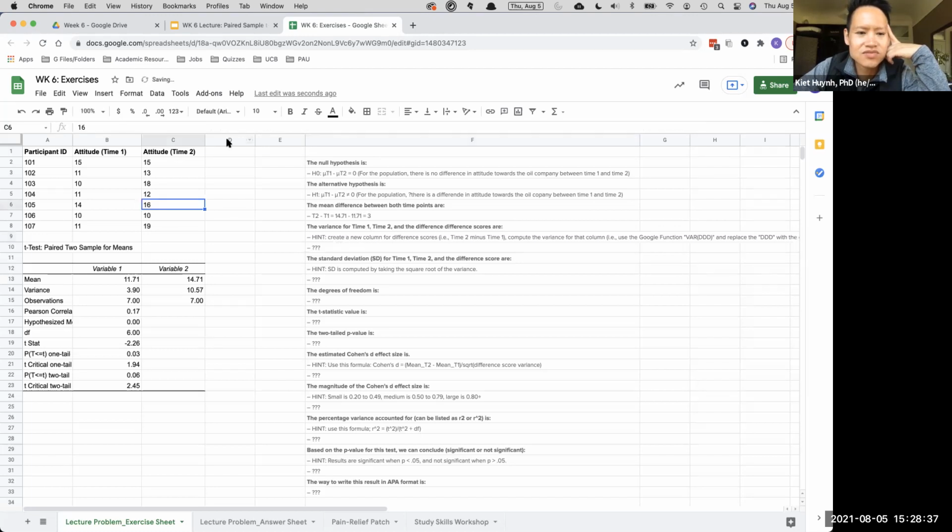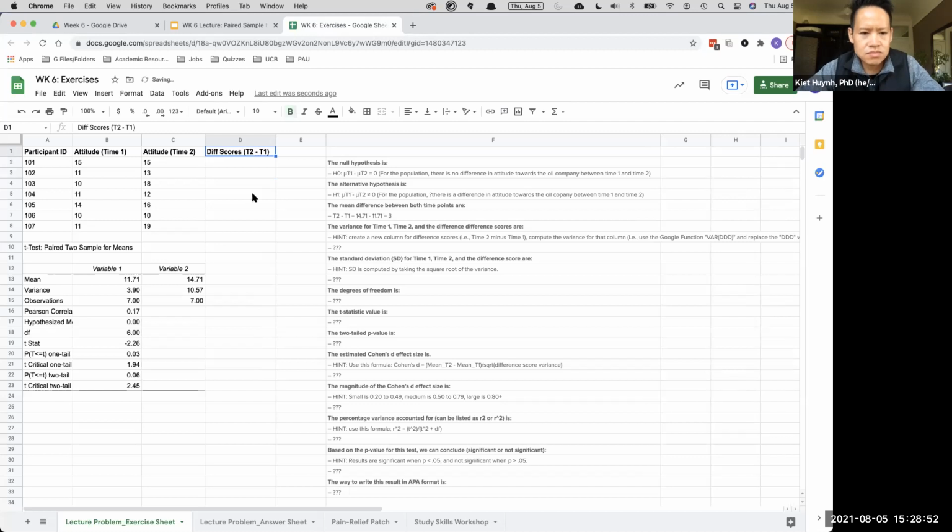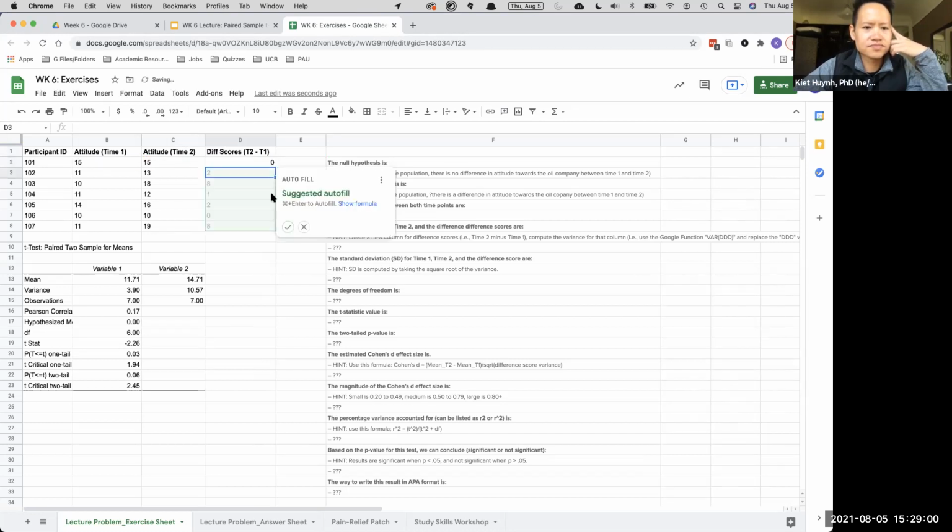Okay, so here we are creating a new column for difference scores. Difference scores. We'll say time 2 minus time 1. So we do equal sign. This is time 2 minus time 1.